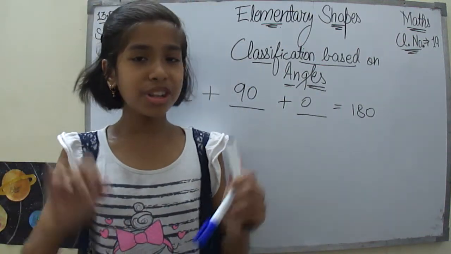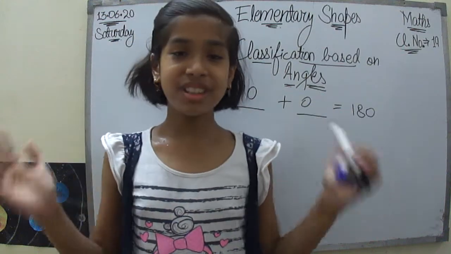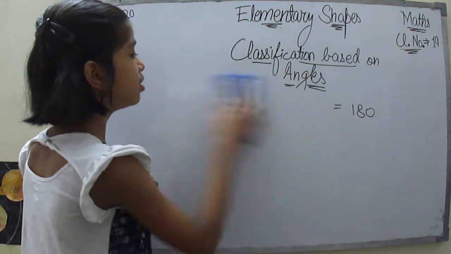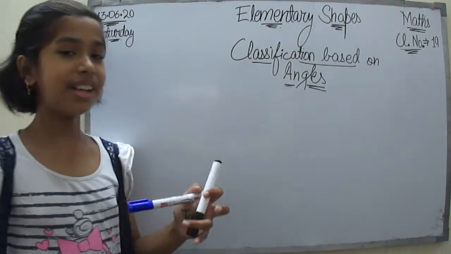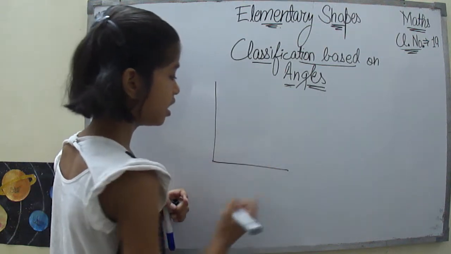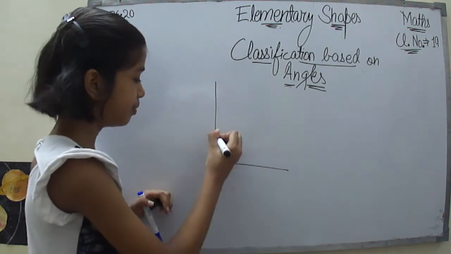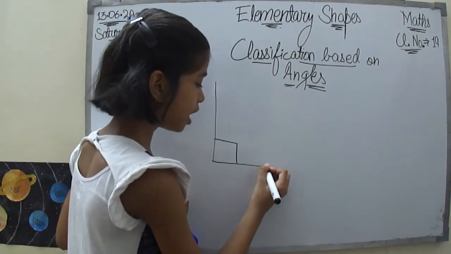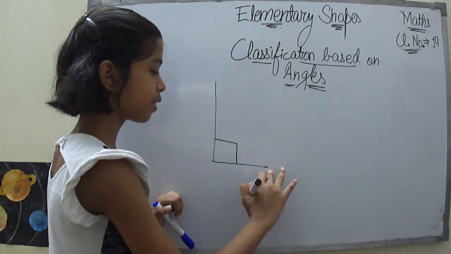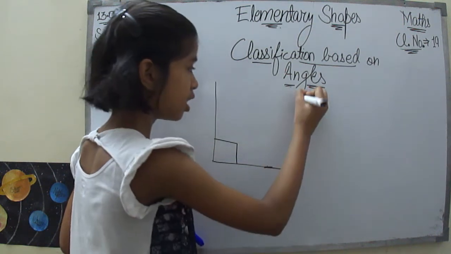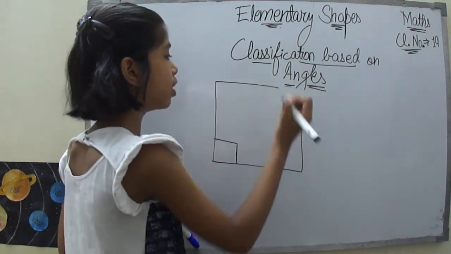If we use a diagram to visualize this, let's draw the two 90 degree angles. First, this 90 degree angle is over here. How will I draw the second 90 degree angle? I could draw it from here, or I could draw it over here.